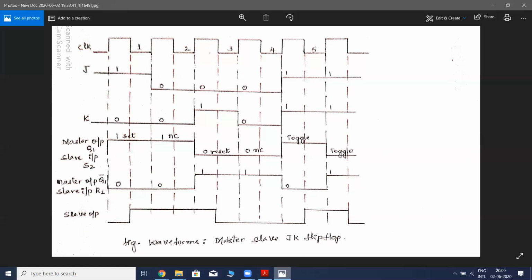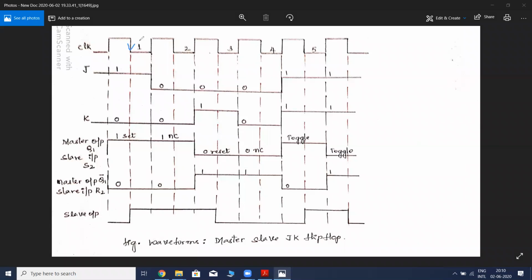And then here is the slave output. You could see that you will get the master output only, but it is active during the negative edge of the clock. Okay, that is very important. So this is called the negative edge. Here is the negative edge.